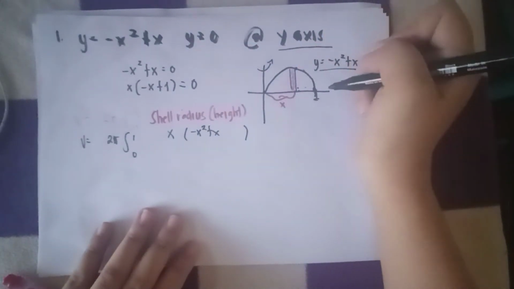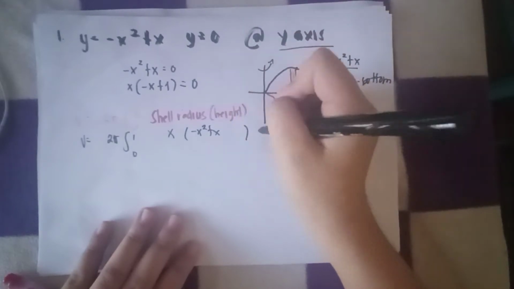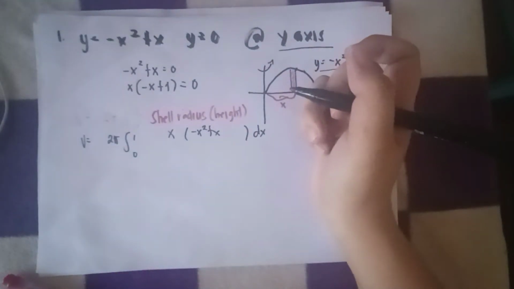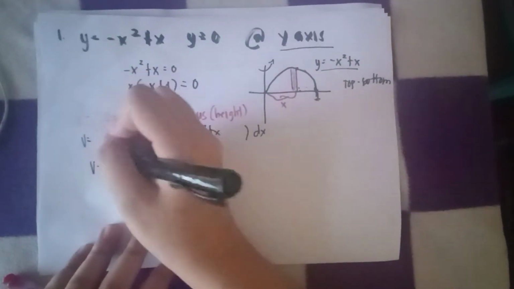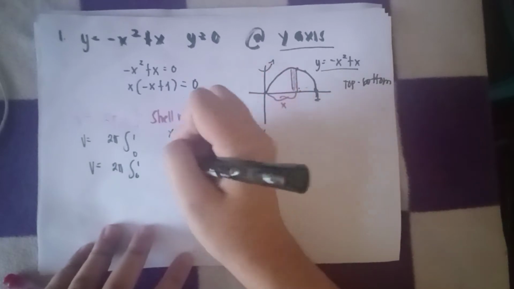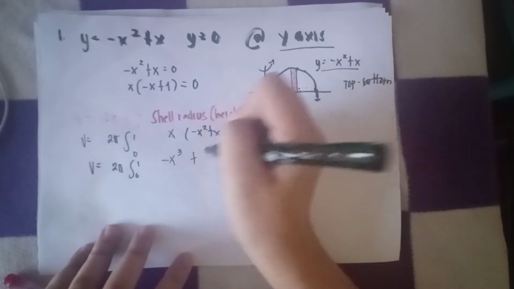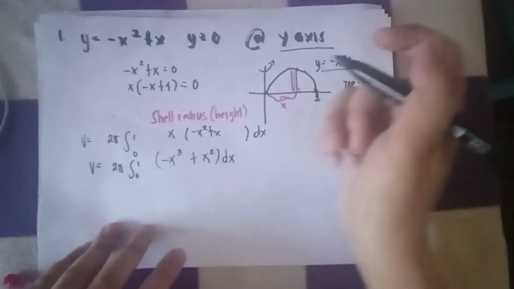And then, nasa x-axis lang naman yung sumunod. So, 0 naman yon. So, as is naman siya. And then the x. So, ito po ay simplify lang natin. That will give you volume is equal to 2 pi from 0 to 1. Then, ito ay negative x cubed plus x squared dx.